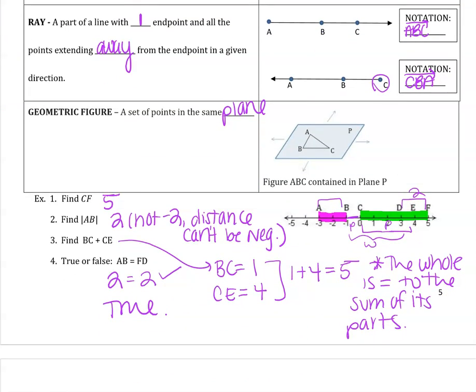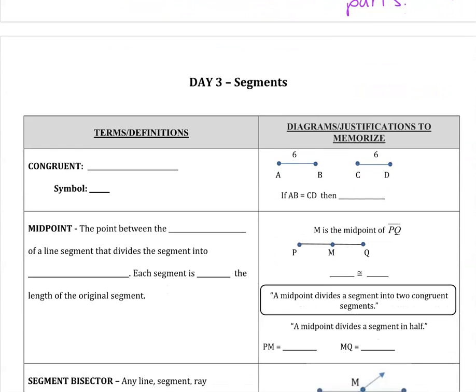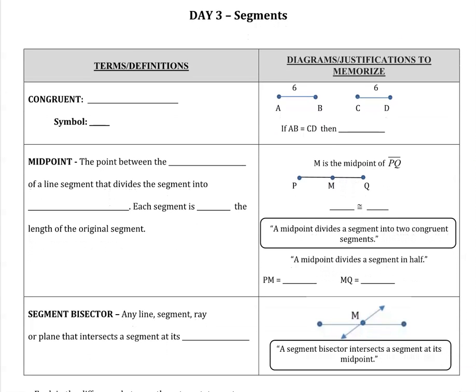Now, since this is a pretty short day, I'm actually going to teach a little bit more into day 3. Just like in day 2, a lot of this will sound familiar as well. The word congruent. When we talk about segments, congruent means same size and shape, and your congruent symbol is an equal sign with a little squiggly above it.